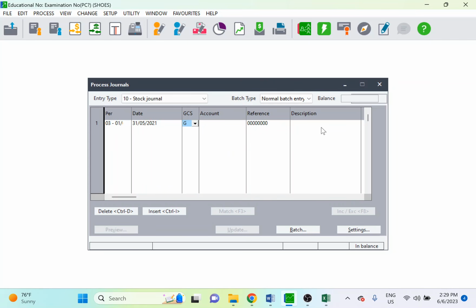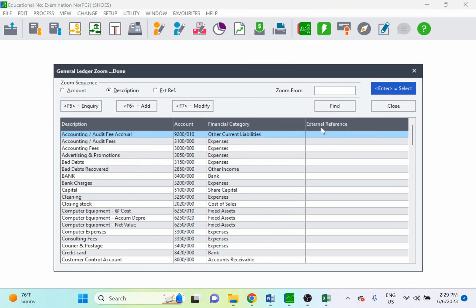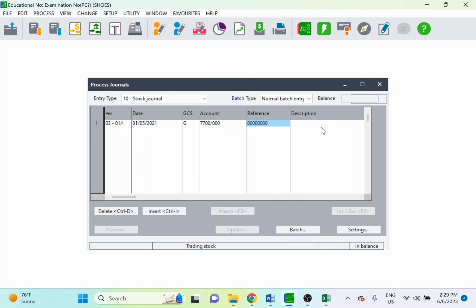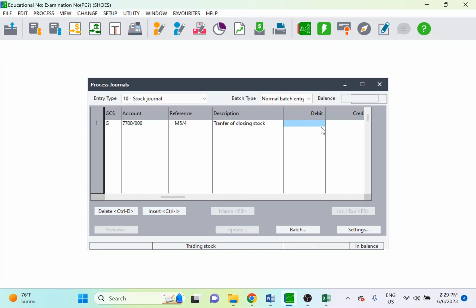Under GCS is G for general ledger. Under account, we're looking for trading stock. Under reference, it's M5/ memo number 4. Under description, we are transfer of closing stock. It's an asset on the debit side.